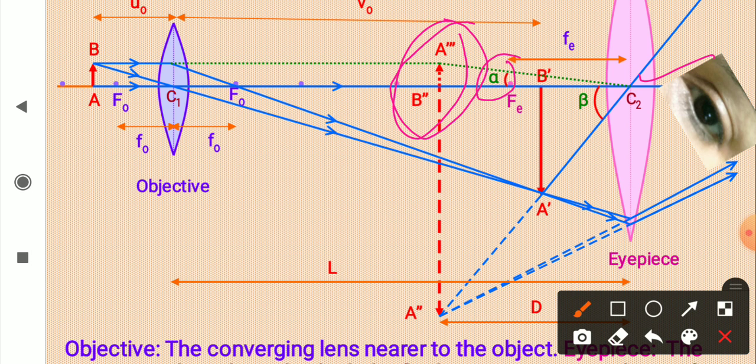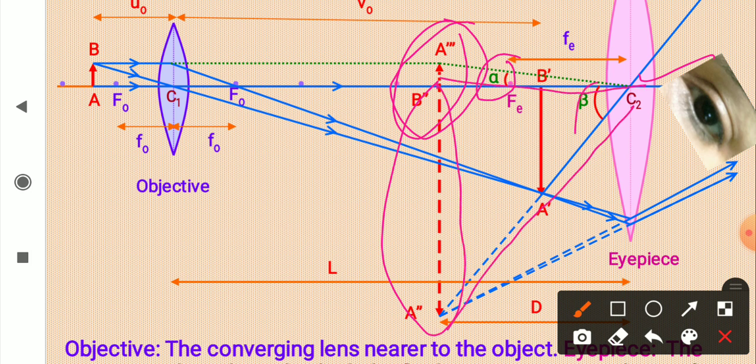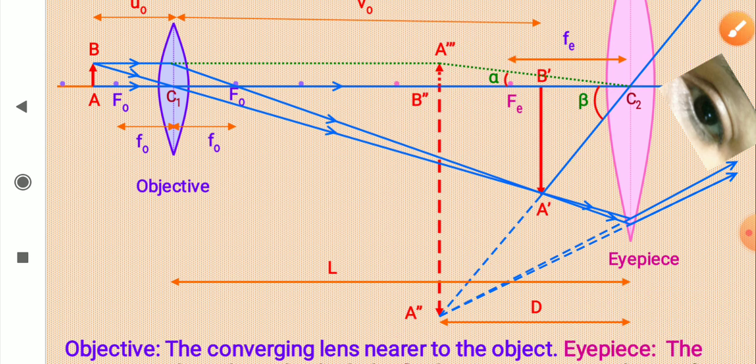And the final image is subtending angle beta at this eye. So we have to find out this angle subtended by the final image at the eye upon the angle subtended by the object size at the eye, beta upon alpha. So even though the image looks a little complicated, it is not that difficult.